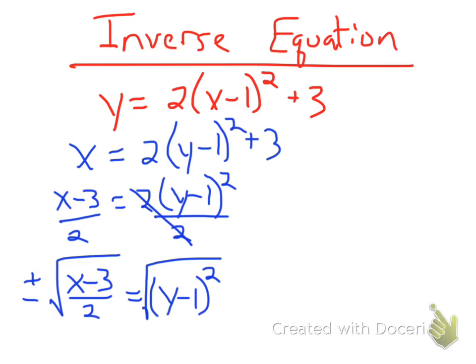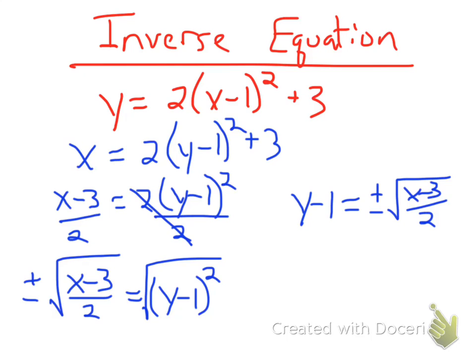So taking the square root of both sides, I can have both positive and negative, the square root of x minus 3 over 2. That leaves me with y minus 1 equaling plus or minus the square root of x minus 3 over 2. Also notice that the square root symbol is covering both the numerator and denominator.